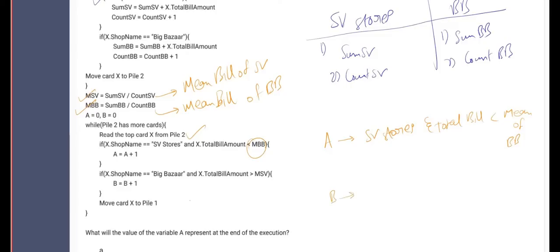In an opposite way, what is B? It must be Big Bazaar, and the total bill should be greater than the mean of SV.